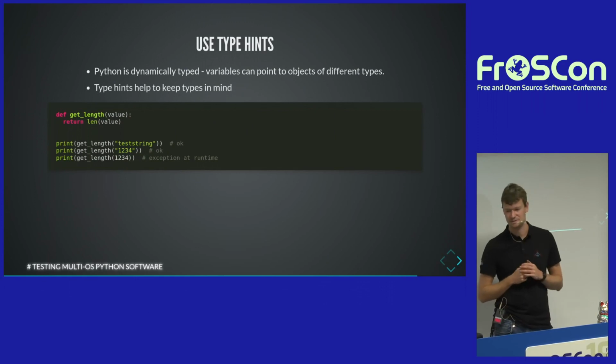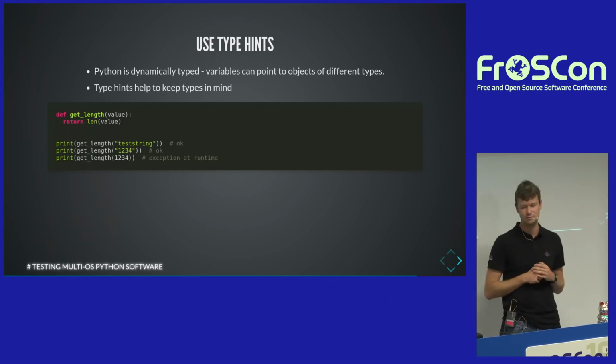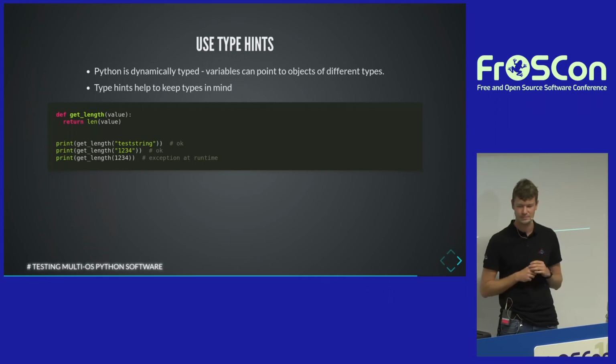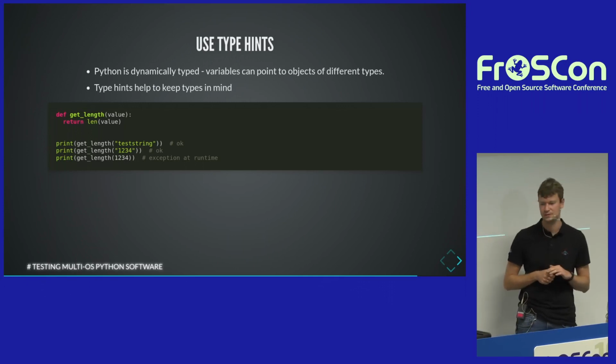Then use type hints, also very Python specific. Python itself isn't statically typed, it is dynamically typed. You can have a variable pointing to different objects or objects of different types, and you have to be careful with that.